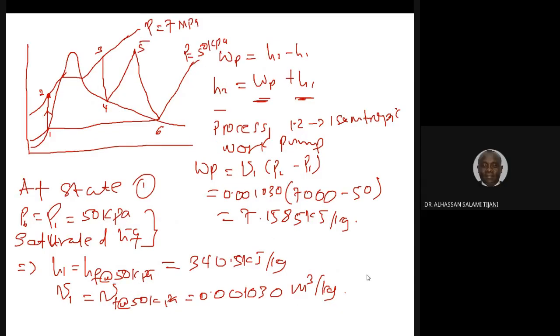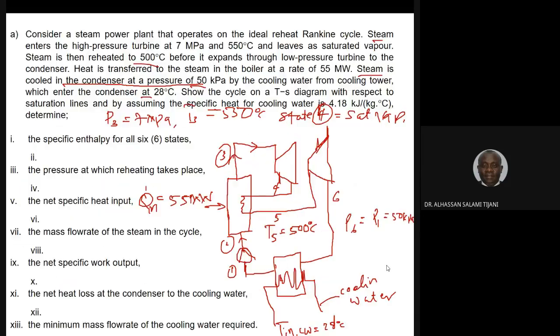Yes, so we have been looking at this particular question last time before we left. Let us move back to understand what the question is saying. Here we are told to consider a steam power plant that operates on the ideal Rankine cycle.